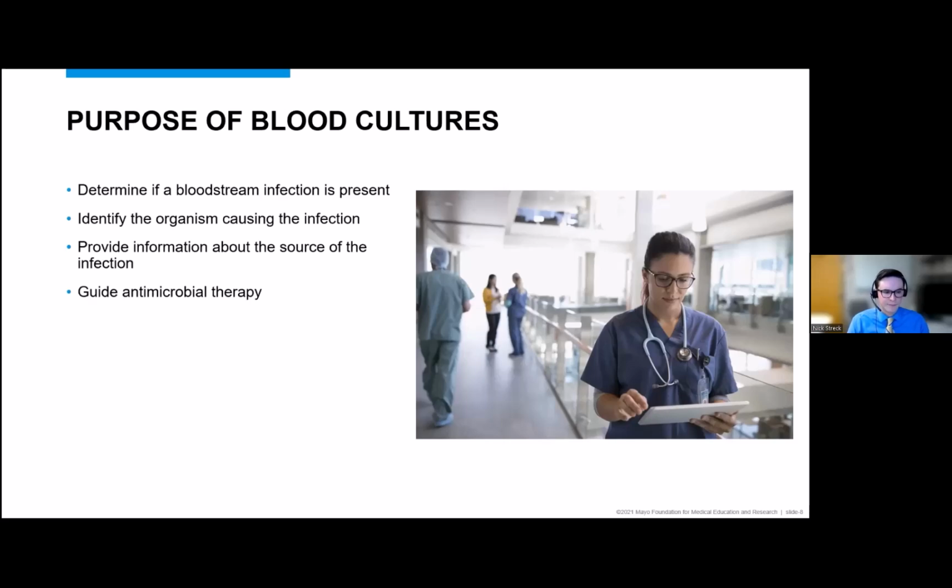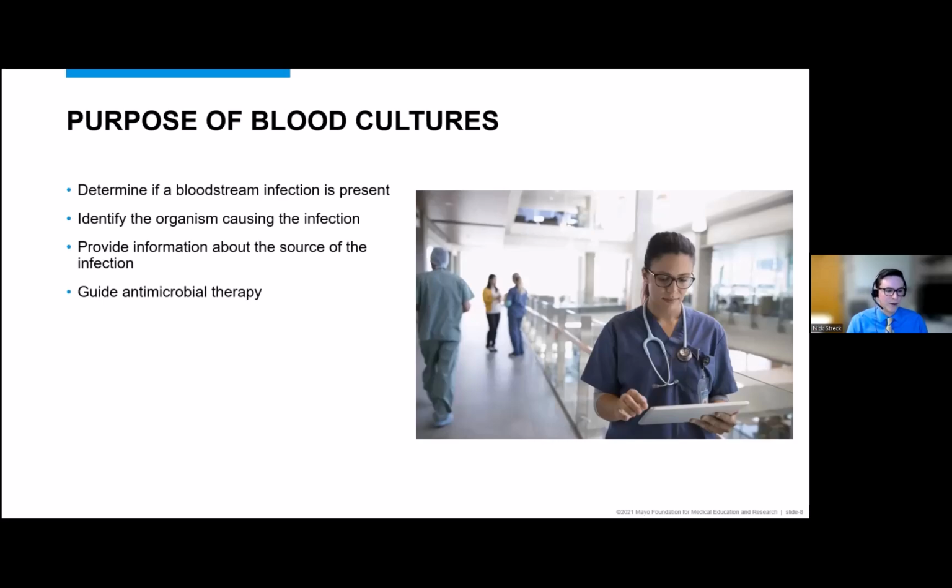Now, if we do see the presence of microorganisms in these blood cultures, the further workup that the laboratory can do can provide really critical information to make sure these patients are being treated appropriately. The identification of the organism is the first thing we can provide to the team taking care of the patient, and the identity alone can be important in helping to identify the source of the infection.